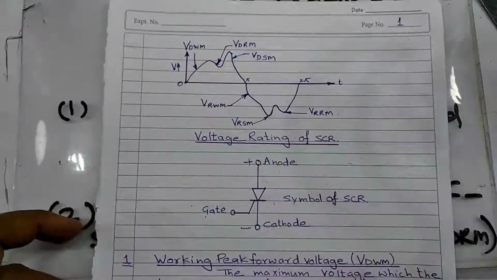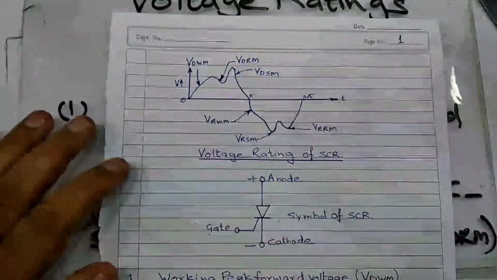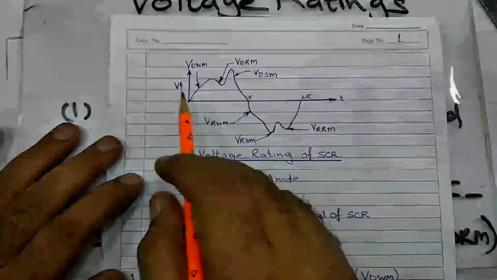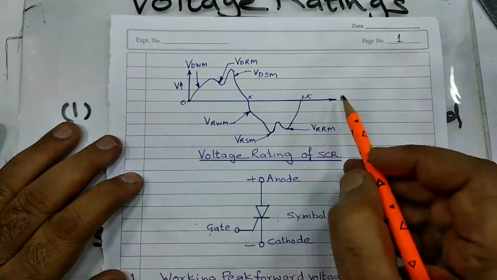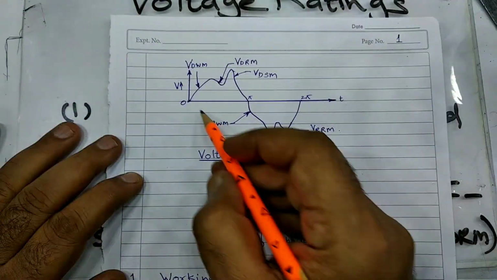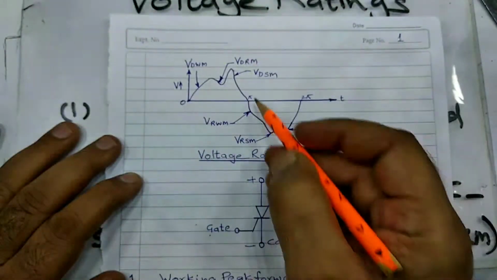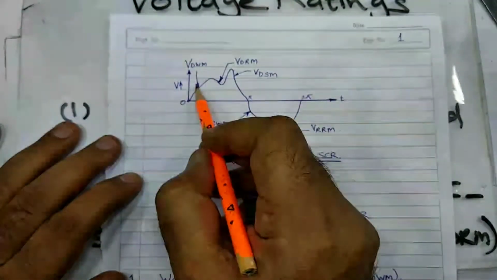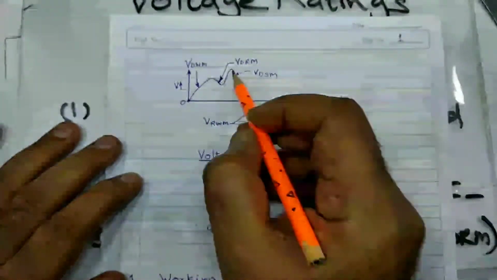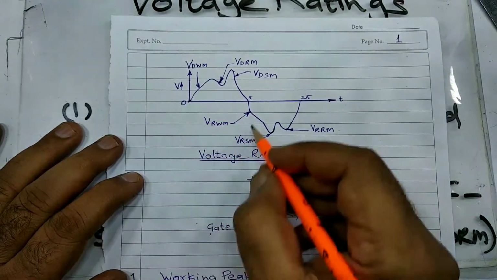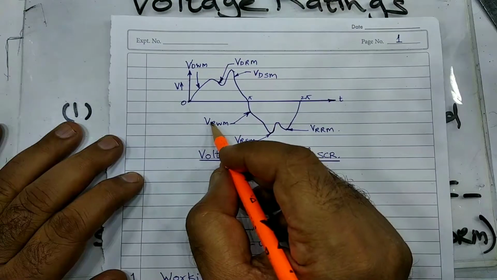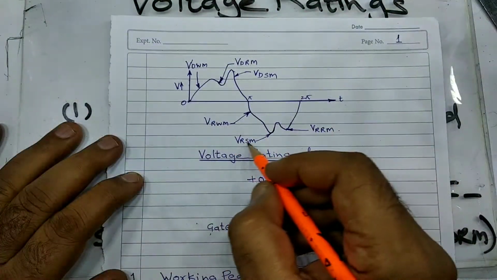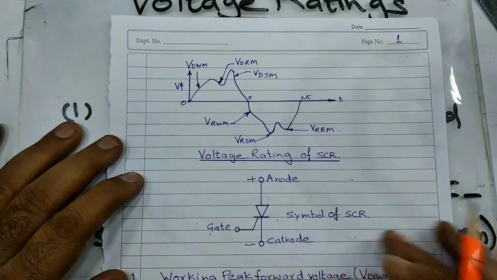We can understand with the help of this graph also. So here a graph is drawn between voltage and time. So this is the forward voltage, this side is the reverse voltage. Here this is VDWM, VDRM, VDSM, and the reverse side is VRWM, VRSM, VRRM.